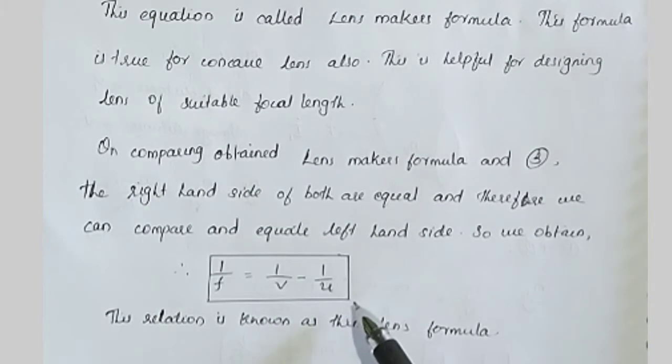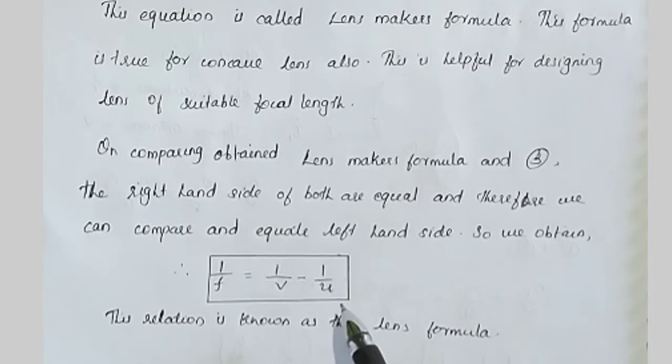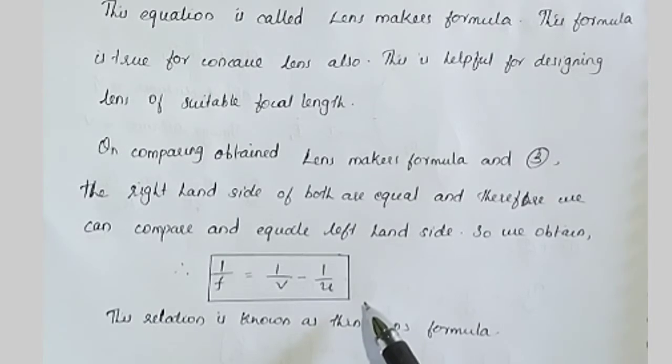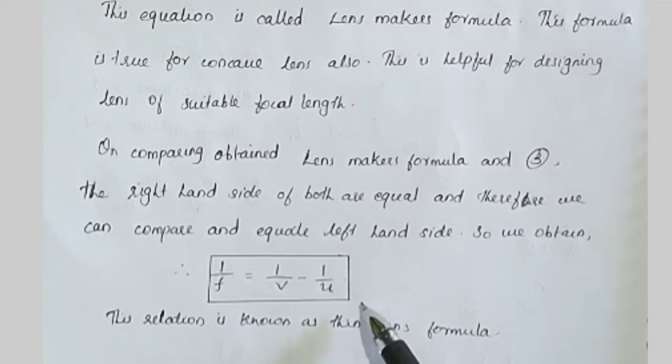Thus, we obtain another important relation, which is known as the lens formula. If you remember, we have already learnt in lower classes a similar relation called the mirror formula, which is 1 by f is equal to 1 by v plus 1 by u, and this is the lens formula, which is 1 by f is equal to 1 by v minus 1 by u.